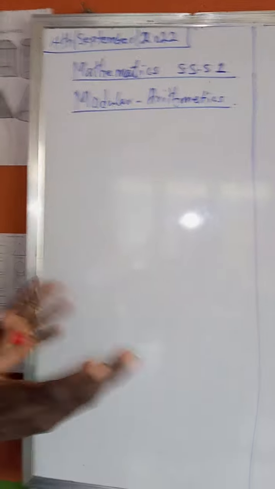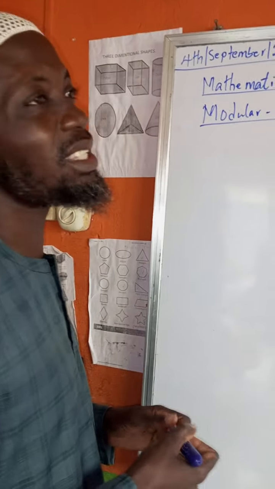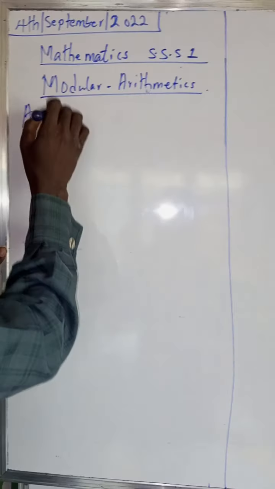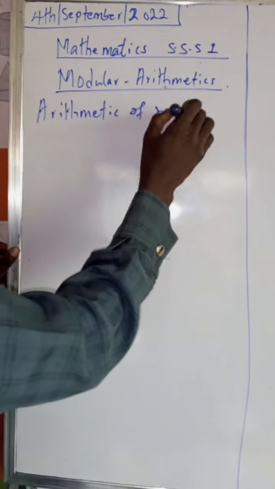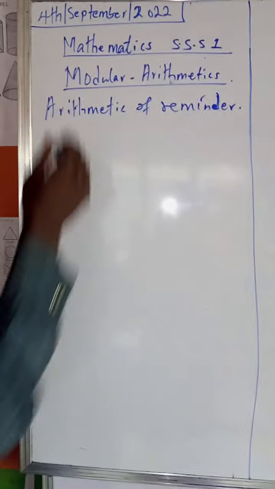Now, modular arithmetic. Modular arithmetic is basically what we call arithmetic of remainder. What do we mean by arithmetic of remainder?